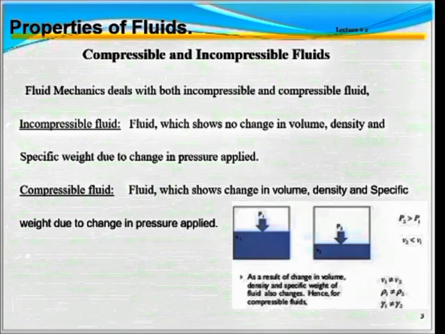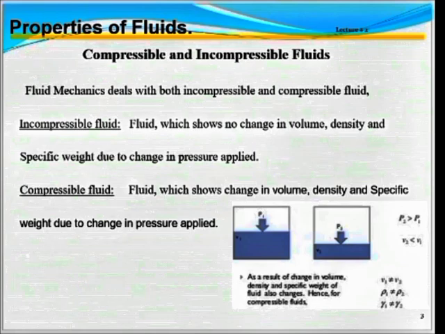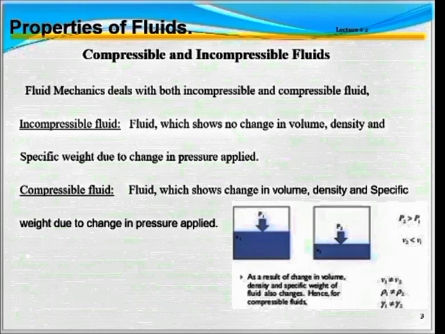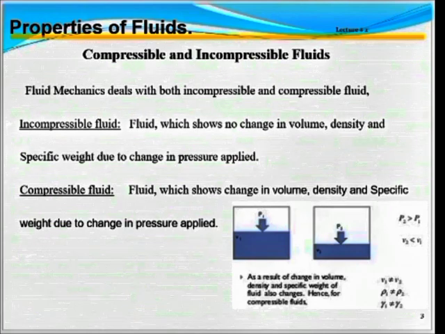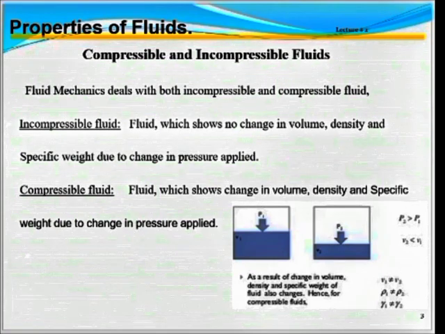Density, as we know, is the ratio of mass per unit volume, so its unit is kg per meter cube in the SI system and slug per feet cube in the BG system, which is the British gravitational system, and its unit is gram per centimeter cube in the CGS system.